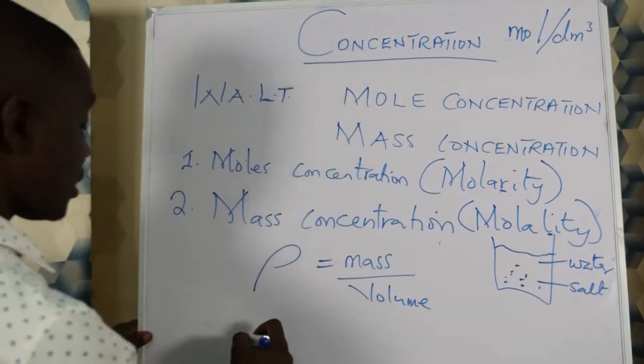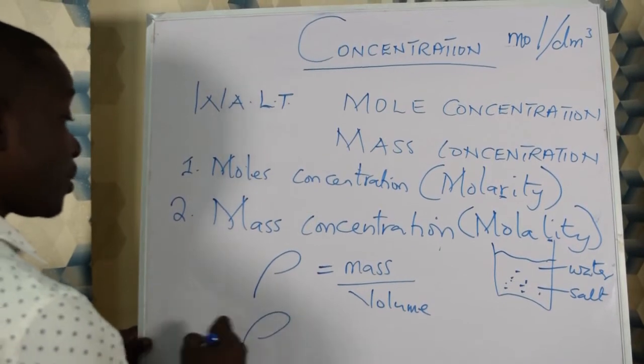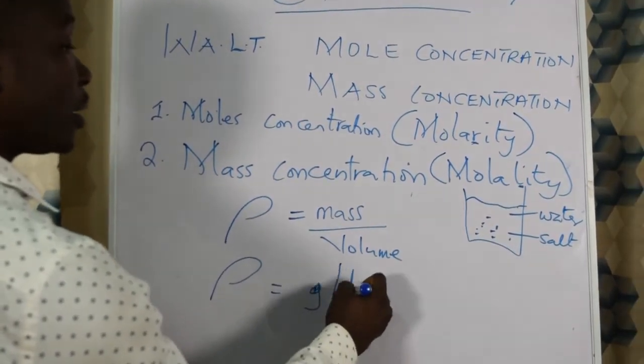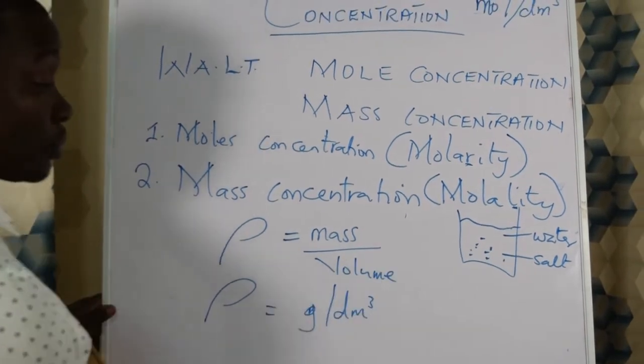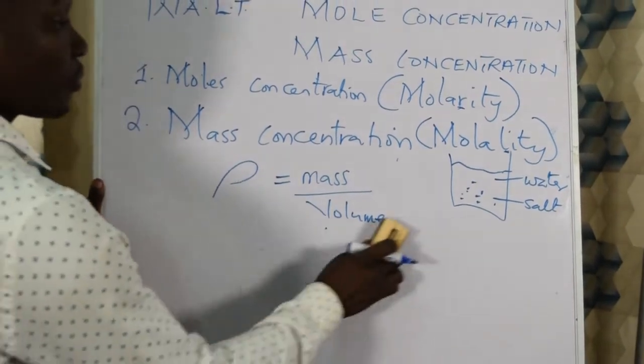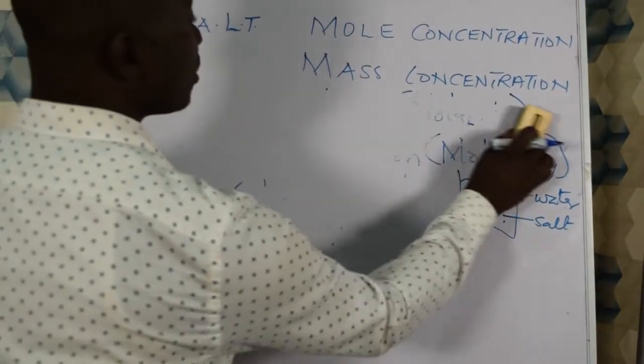So we can say that the unit for mass concentration is grams per dm cube. We can take one example and then calculate.